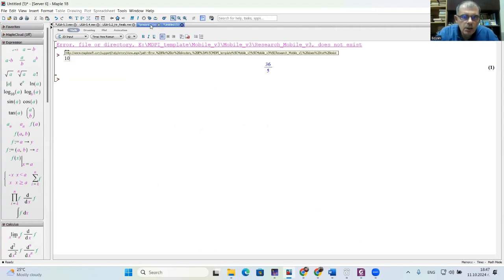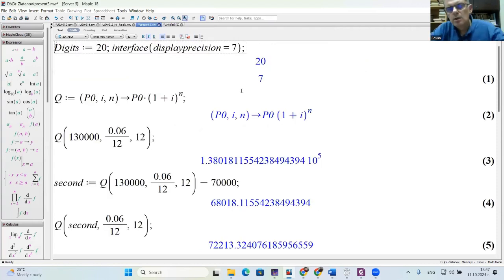Now, going to the solution, I use the software Maple for better precision in the computations. I apply 20 digits, and I would like to present just 7 digits after the dot.